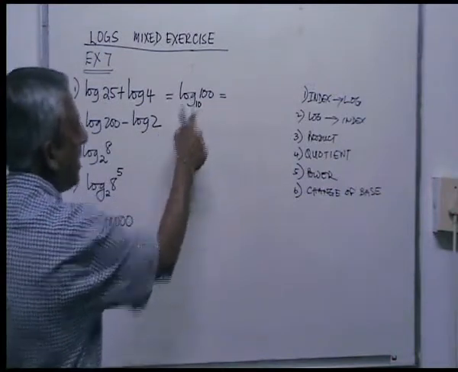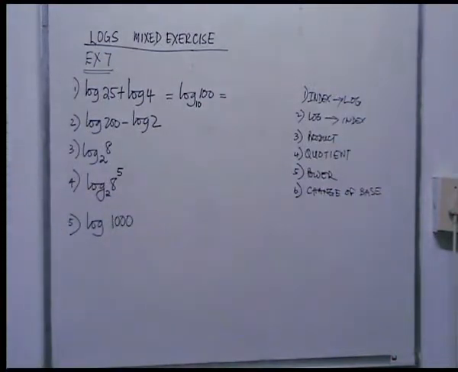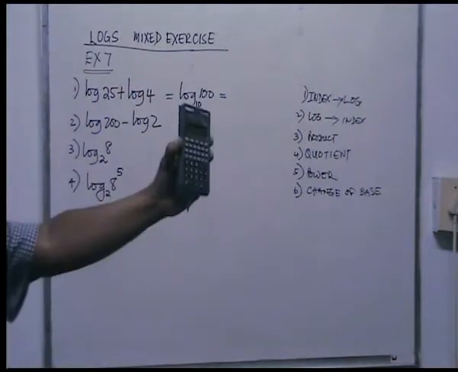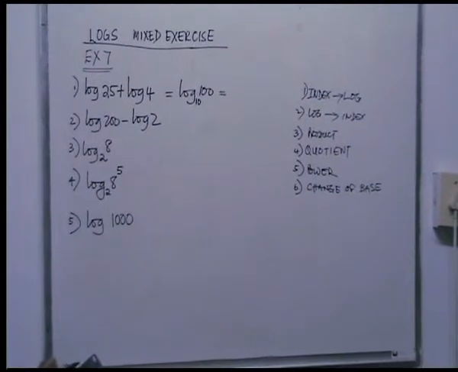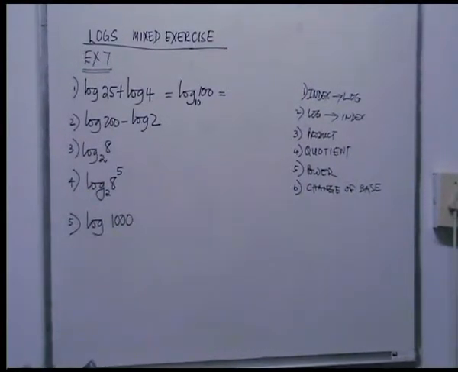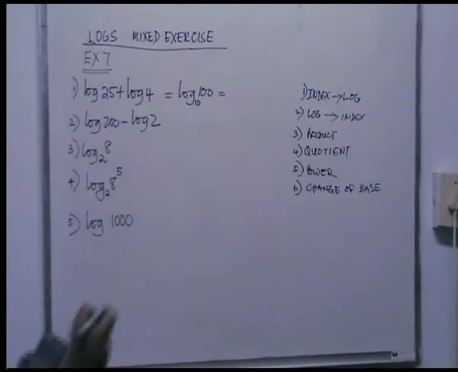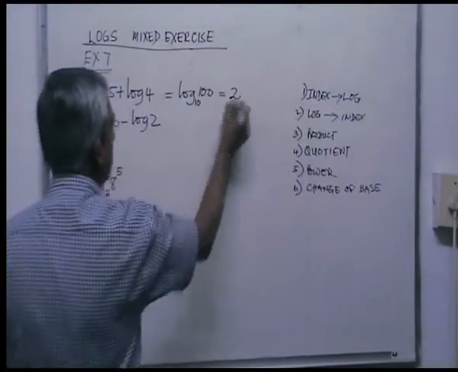Now log 100 to the base 10, you can now use the calculator and find log 100 on the calculator. You'll press log 100. You must know your calculator, but most calculators should work like this. Log 100 equal to, and you'll get the answer 2.